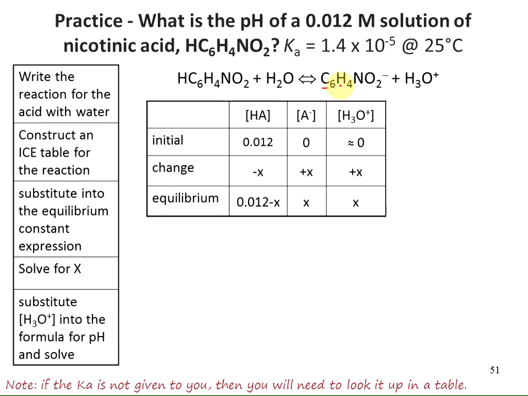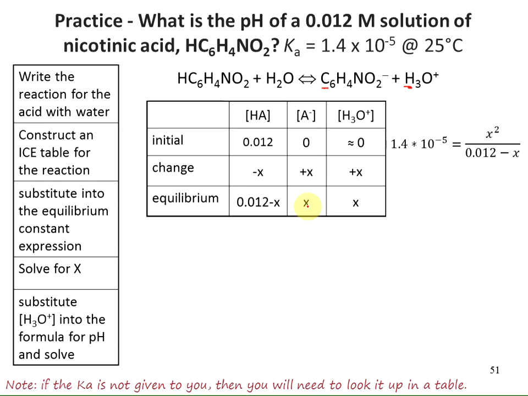So at equilibrium, the HA concentration is 0.012 minus X, the A minus concentration is X, and the hydronium concentration is X. Now if we write our equilibrium constant expression, or the mass action equation, of our products over our reactants, because the A minus concentration and the hydronium concentration are the same, we're multiplying these together, so this becomes X squared.